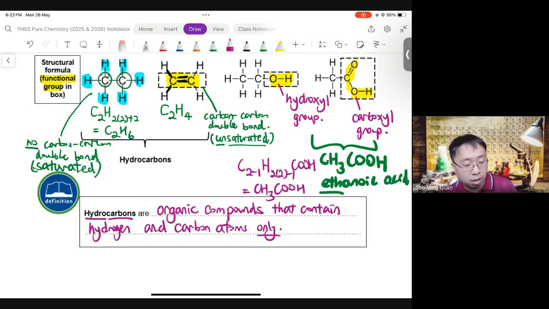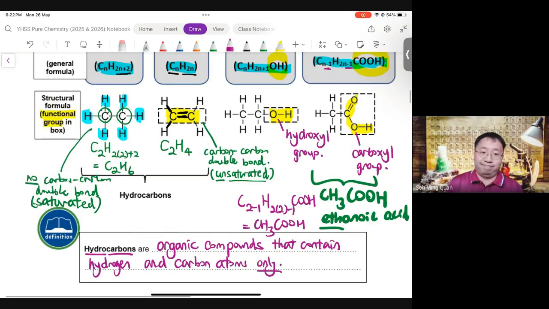Only is very important. That means in the compound there can only be H and C. Cannot have O, cannot have N, cannot have Cl. All right, can only be H and C. So if you look at it, only alkanes and alkenes will be hydrocarbons because only alkanes and alkenes have H and C only.